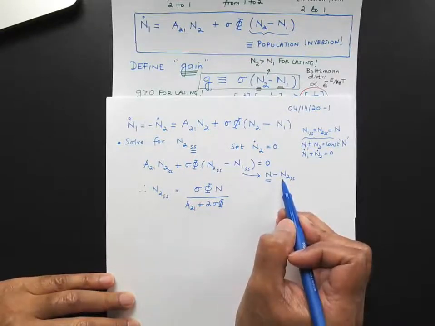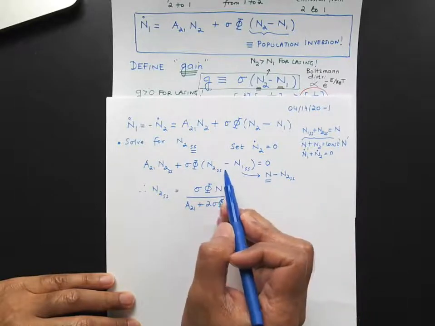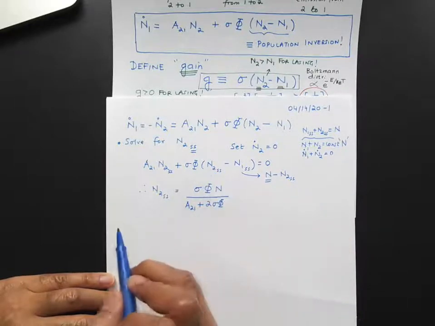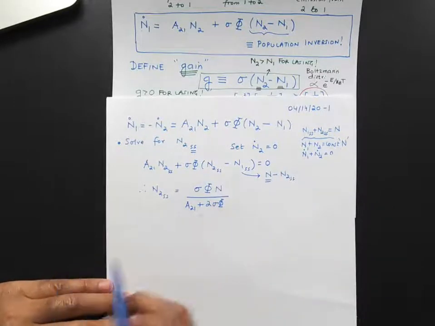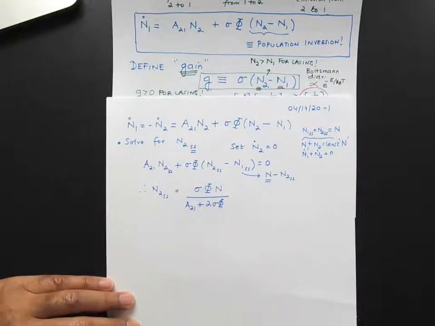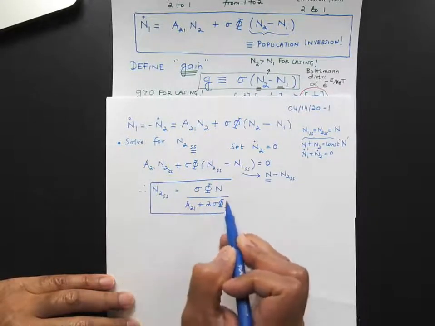Because this minus N2 steady state, well, there was a minus sign, so this becomes twice N2 steady state, okay? And therefore you get this. So you can see that that's what you're going to get from here.